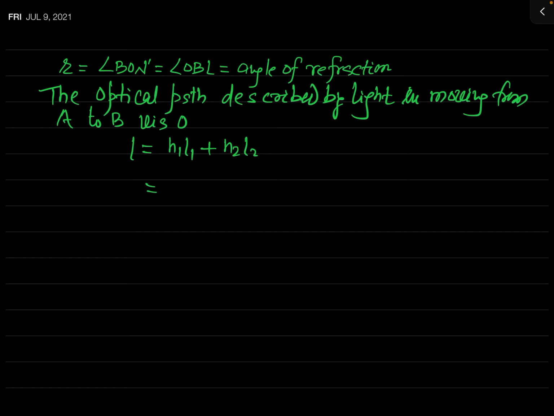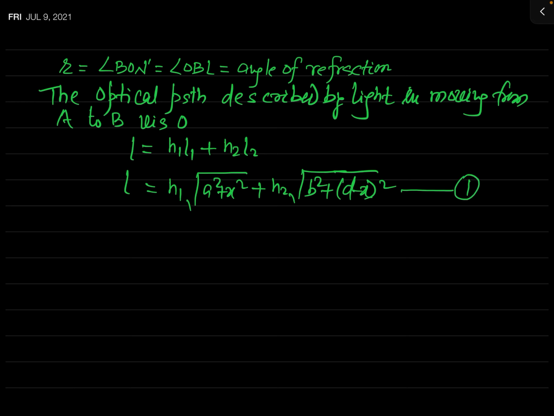And you have seen that L1 is equal to the square root of a square plus x square, and similarly L2 is equal to the square root of b square plus (d minus x) whole square. So this is the optical path covered by our light in moving from A to B via O, with the point O lying on the interface which separates the two media.